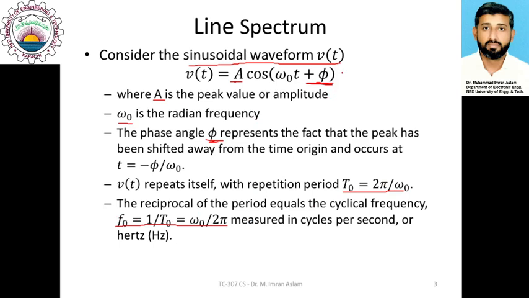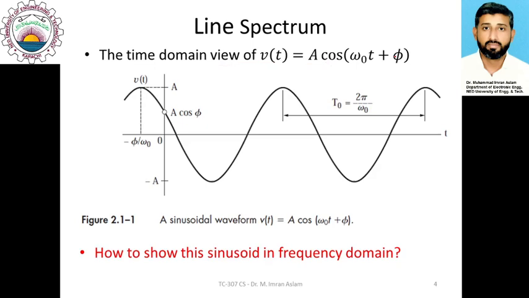Consider this simple sinusoidal function, and you can see that it is actually a function of time. If I ask you to plot this signal, I'm using the term signal because I am taking it as a function of time, the plot would look somewhat like this.